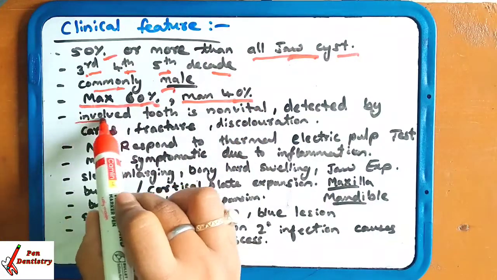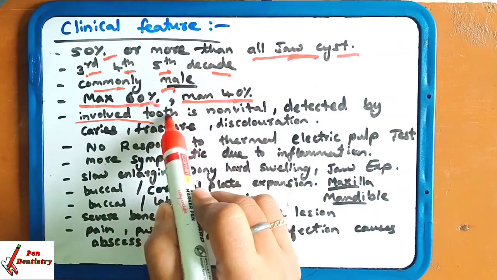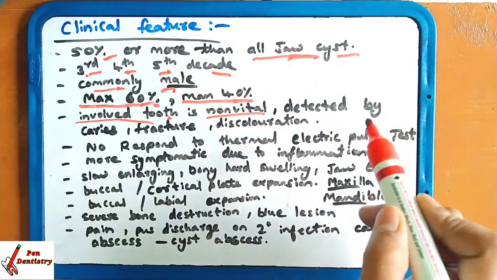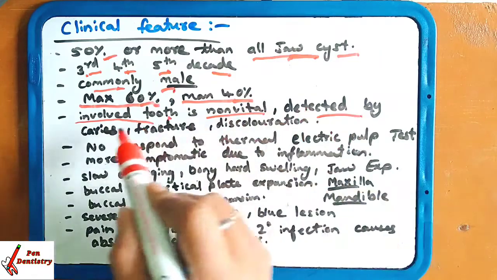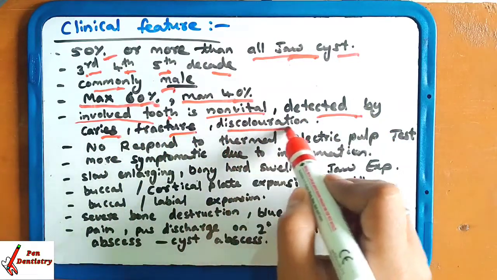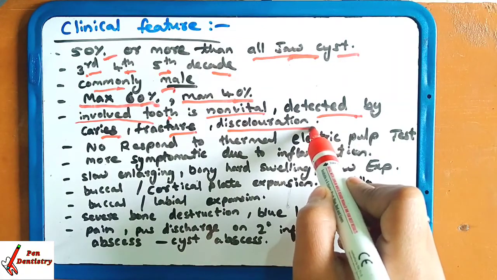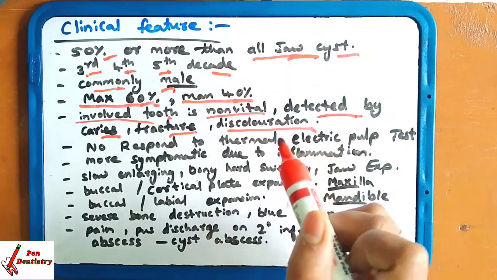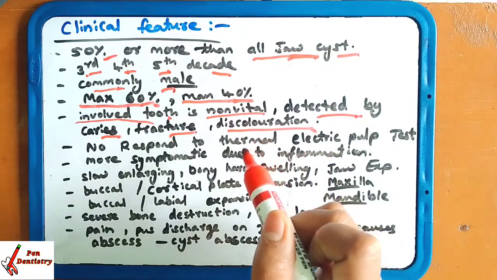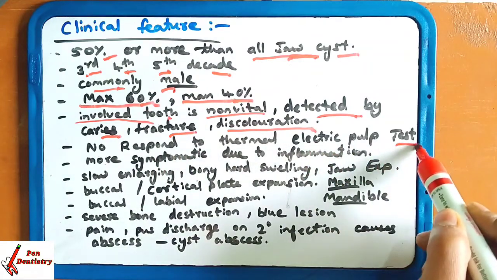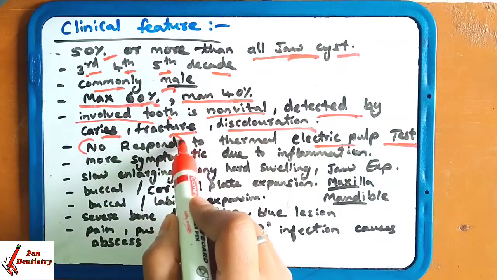It involves a tooth that is non-vital, mostly a non-vital tooth affected by caries. When there is caries, fracture or discoloration, it seems that the tooth is suffering from a periapical cyst. There is no response to thermal or electric pulp testing. When the electric pulp test is done, there is no response.